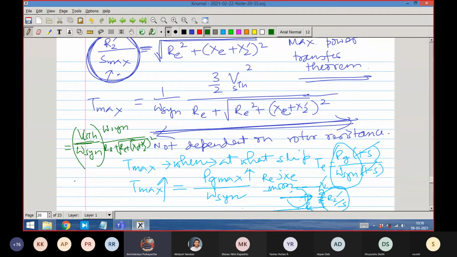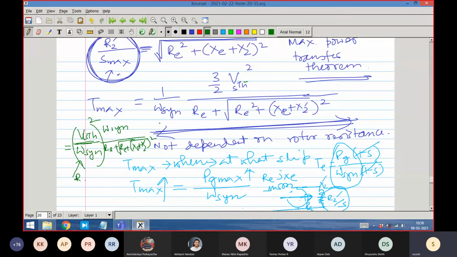The numerator is this, and I have multiplied it by omega sin just to make the flux level constant, this is representing a flux level. So omega sin has come to the numerator, but this will be the denominator.